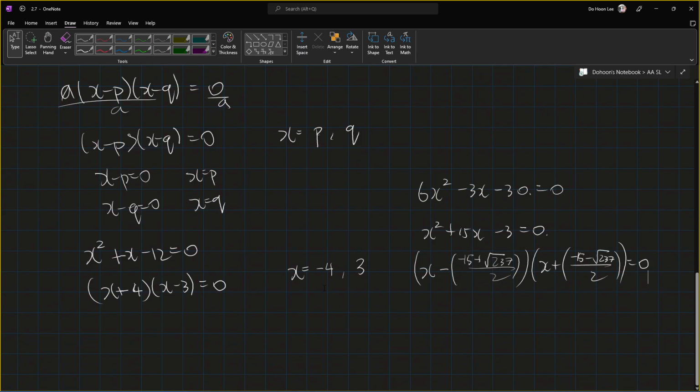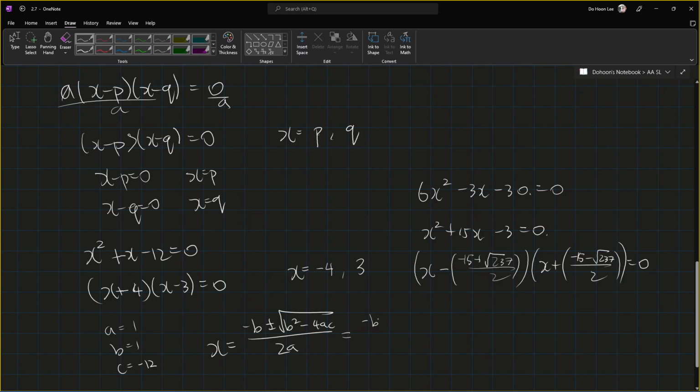Let's take the same example that we worked on. For x squared plus x minus 12, our a value is 1, b value is 1, and c value is negative 12. So let's put it in. x equals negative b plus minus the square root of b squared minus 4ac, over 2a. You don't have to remember this. You can just look back into the formula booklet. Now let's plug in all the numbers.